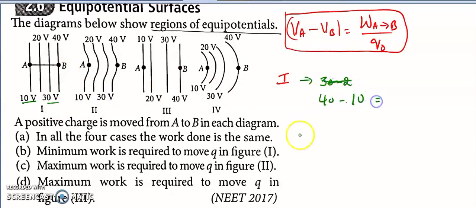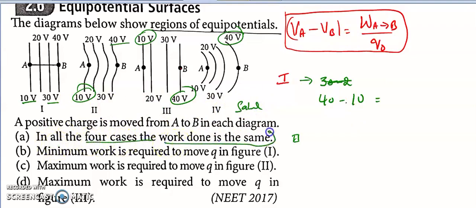In the second figure, 40 minus 10, 40 minus 10. So the work done for all the figures is the same. In all 4 cases the work done remains the same. So option A is the right answer for this question.